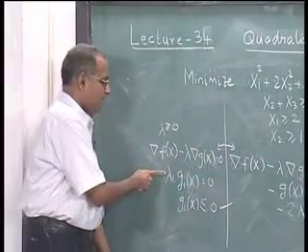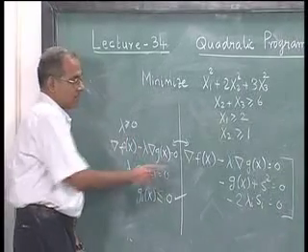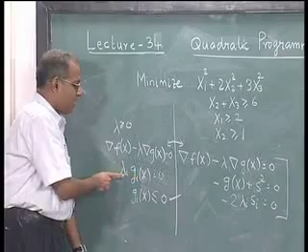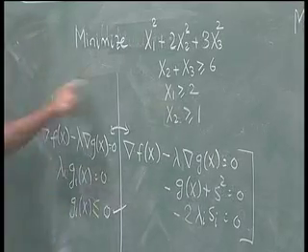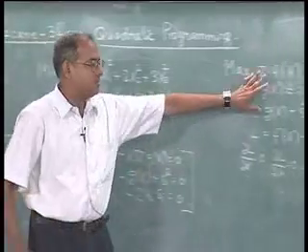Therefore, we get lambda I into g I of x equal to 0. So, this is now replaced by lambda greater than or equal to 0 and lambda I g I of x equal to 0. This is a general form that we will use to solve problems of this type.